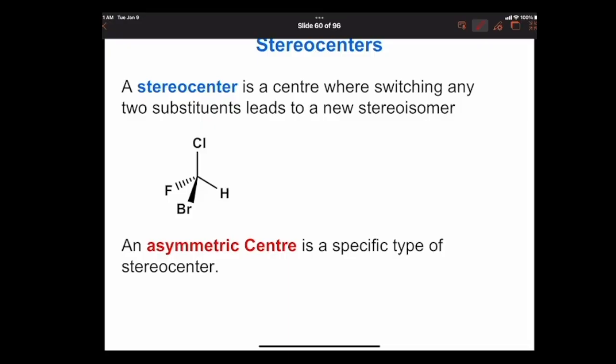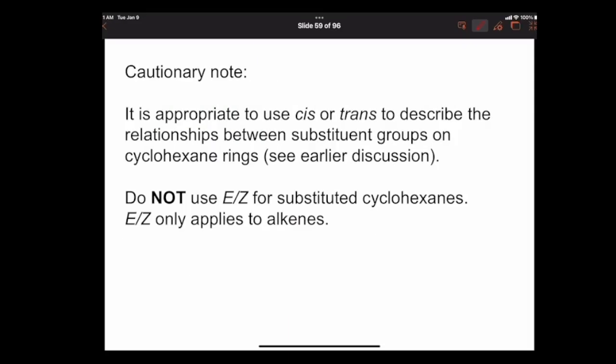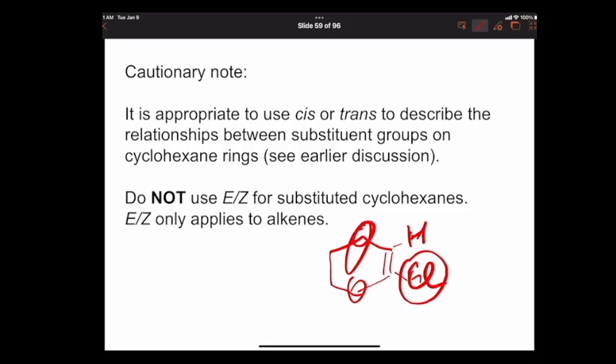That's alkenes, yes? A cyclohexene you could. If it's talking about a double bond and the geometry in a double bond, that would be okay. The nice thing though is if you had a cyclohexene, depending on what the substituents are, these two will always be carbons, right? It's always going to have this kind of geometry in this case. But yes, you could, if you wanted to talk about, let's say if this was a chlorine over here and a hydrogen, chlorine is highest priority, carbon is highest priority.